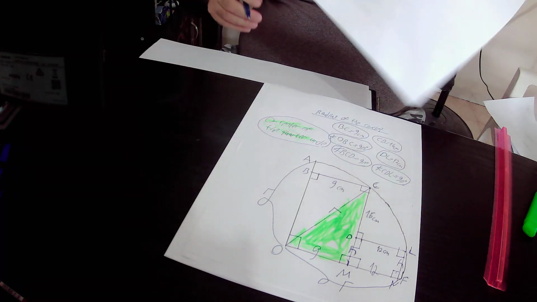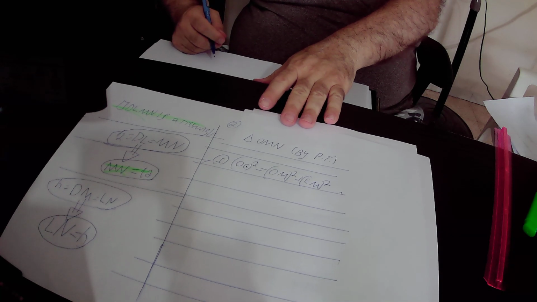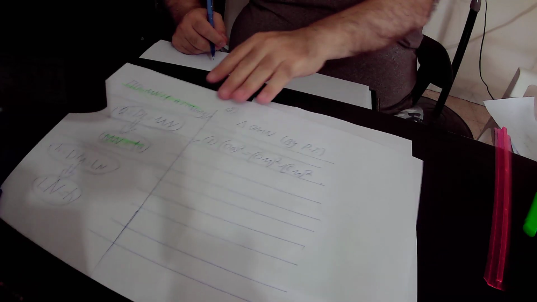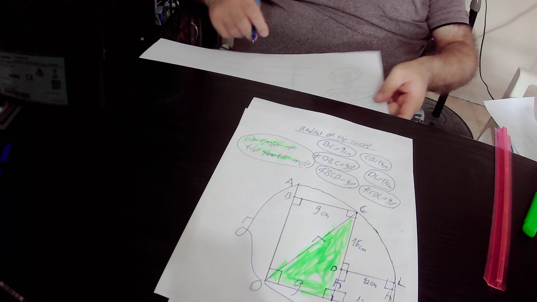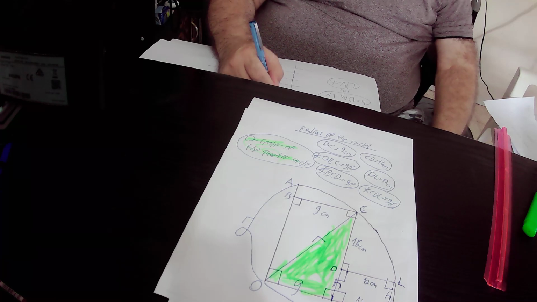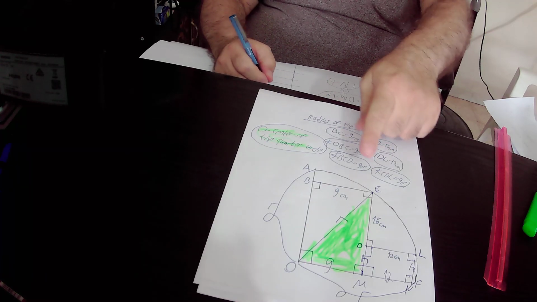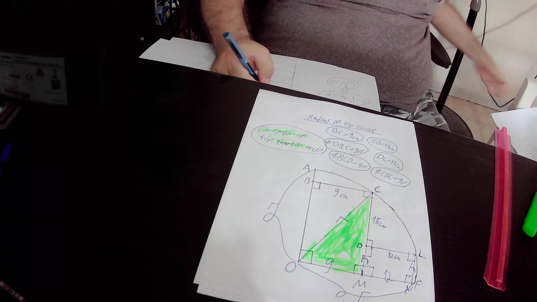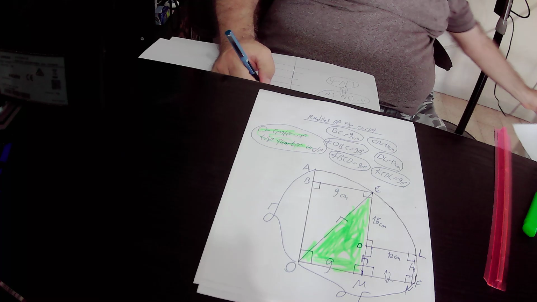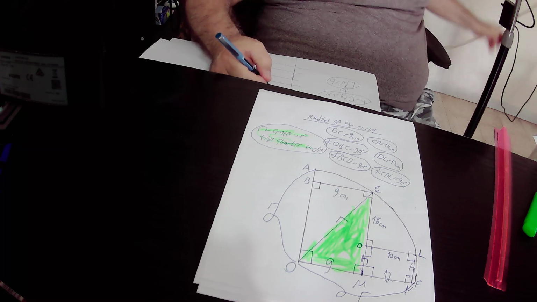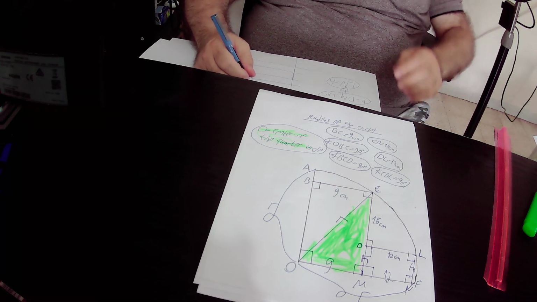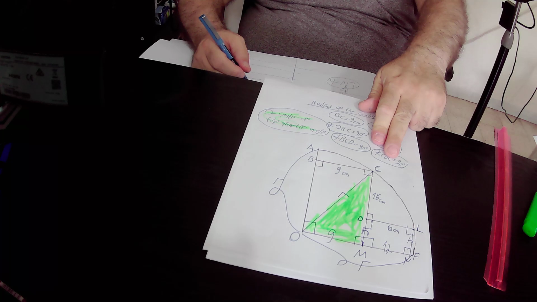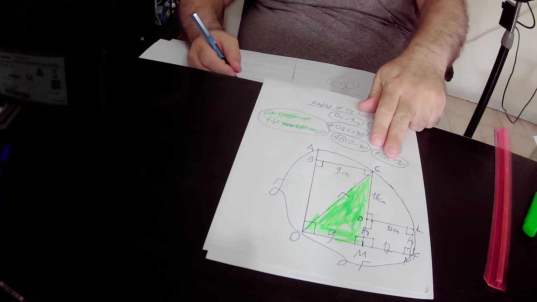I repeat again, in the right green triangle OMN, according to the Pythagoras theorem, OC square equals OM square plus CM square. So here, OC equals R, therefore OC square is R square, and it is equal to OM square.